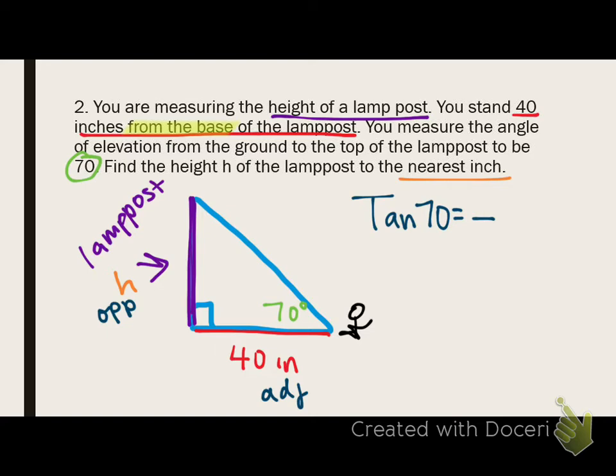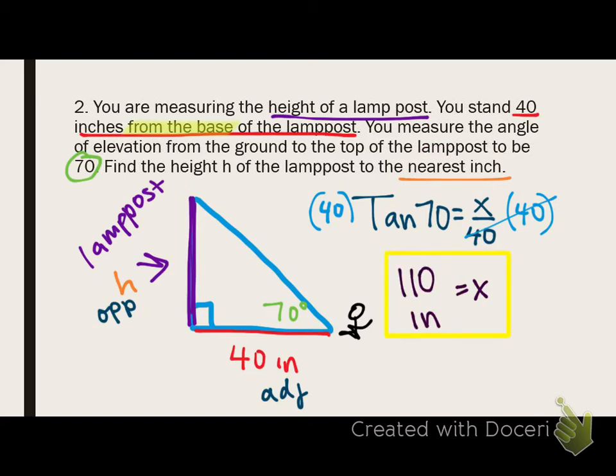If that's confusing, you can call it x. It really doesn't matter. We're only solving for one thing. And then over 40. Do I need to flip this one? Nope. Multiply times 40. So what do we get for the height of the lamppost, to the nearest inch? 110 inches. So to the nearest inch will be a whole number.